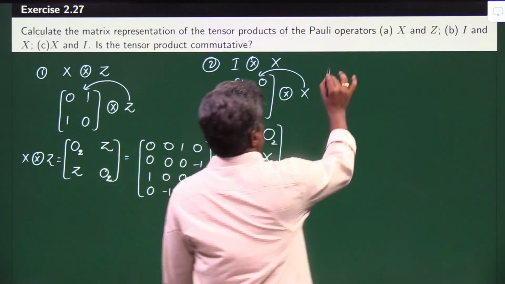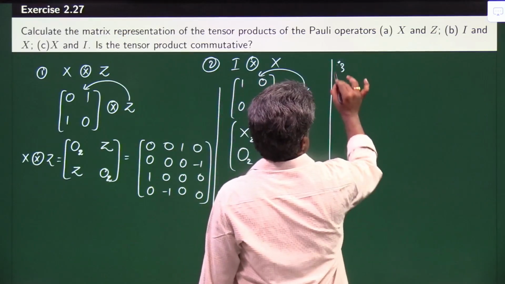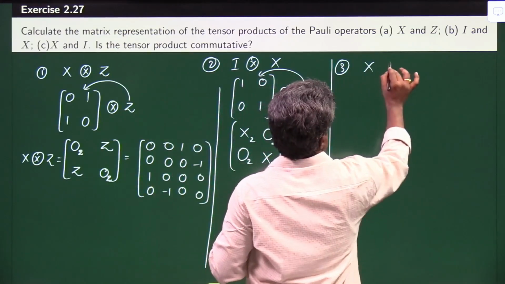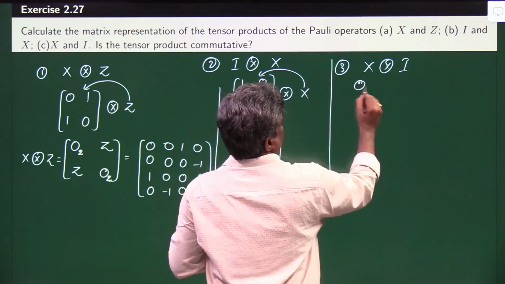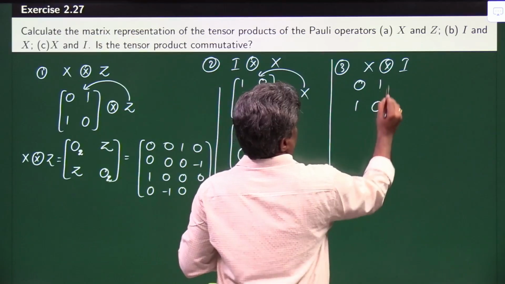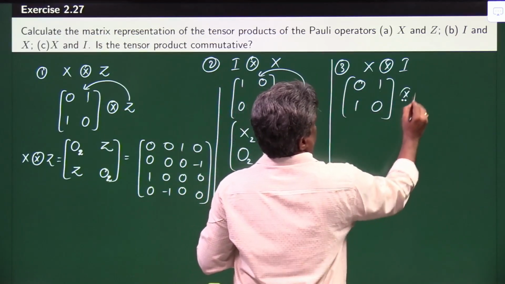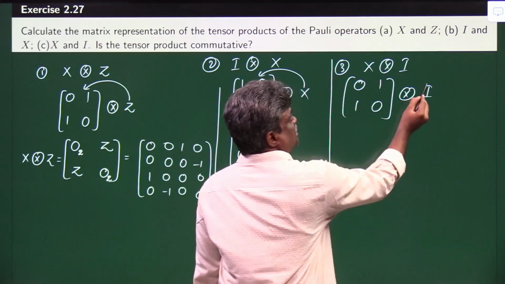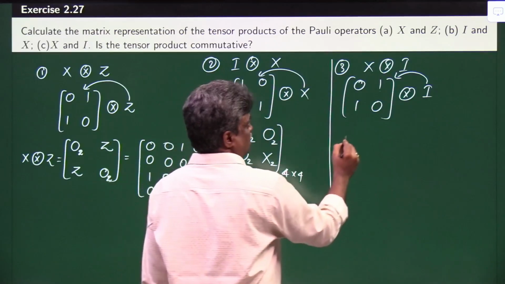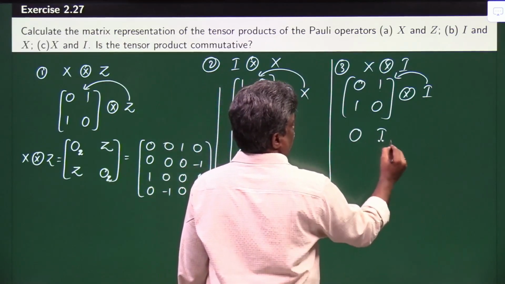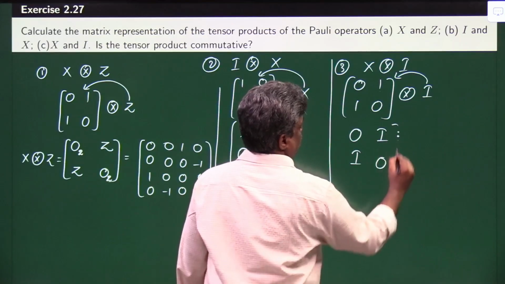And the next one, third one, that is x tensor I, identity. So this time we have x here, 0, 1, 1, 0, tensor product with I. Now just take this I and multiply with each and every element of the first matrix, which is 0, identity, identity, and 0.